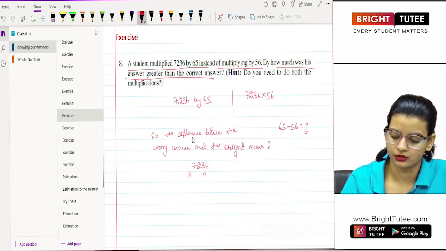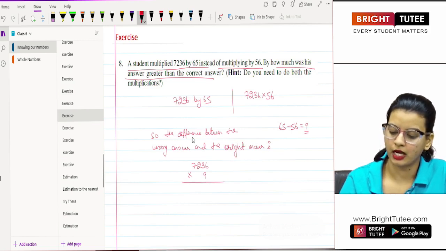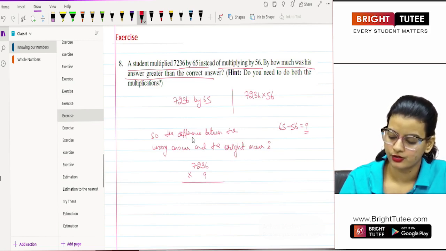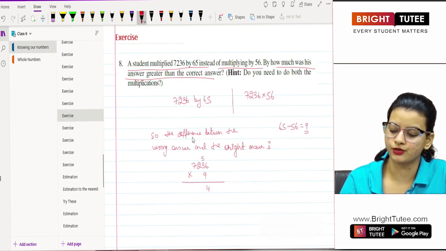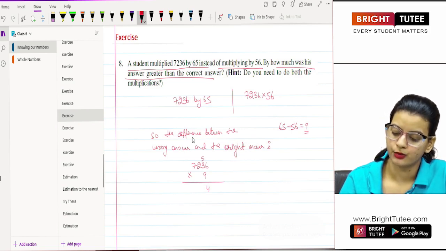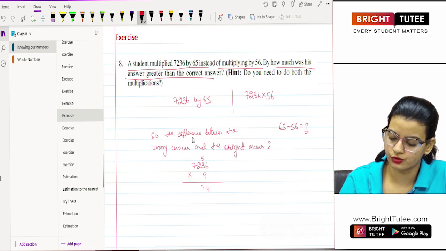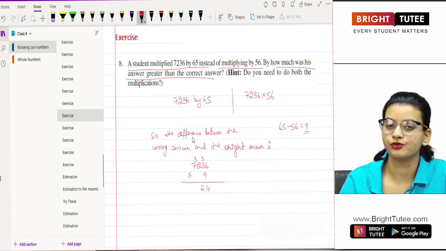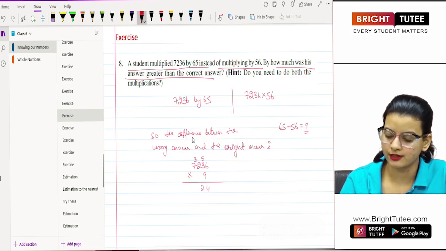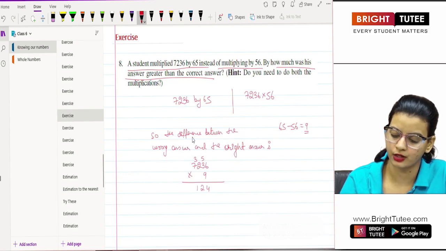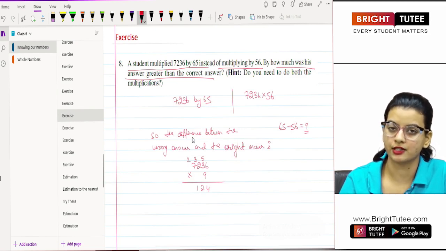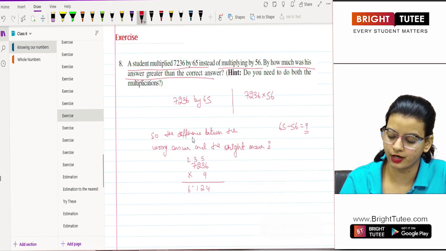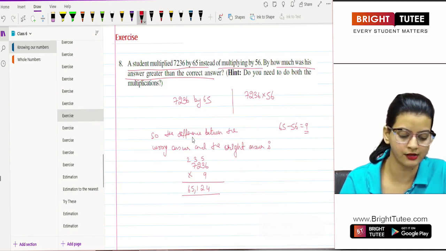7,236 into 9. Now 9 into 6 is 54, so 4 carry over 5. 9 into 3 is 27, 27 plus 5 is 32, so 2 carry over 3. 9 into 2 is 18 and 18 plus 3 is 21, so 1 carry over 2, and 9 into 7 is 63, 63 plus 2 is 65. So 65,124.